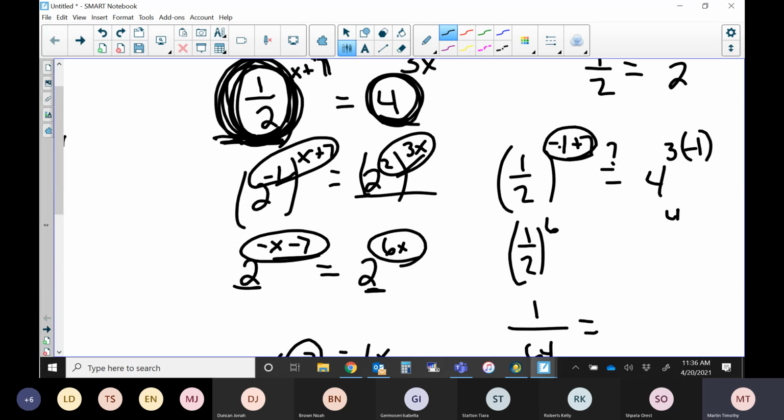This really turns into 4 to the negative 3rd. The negative kicks the 4 down to the denominator. That turns into 4 to the 3rd. 4 to the 3rd is 64. So I get 1 over 64 equals 1 over 64.